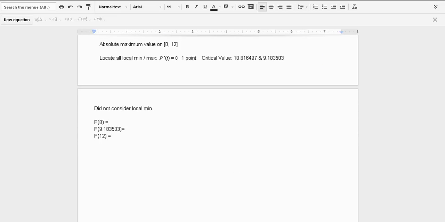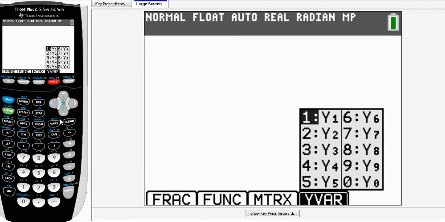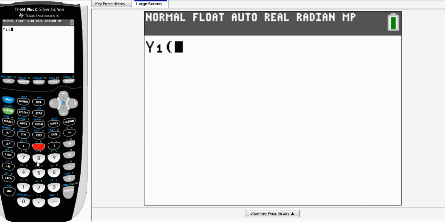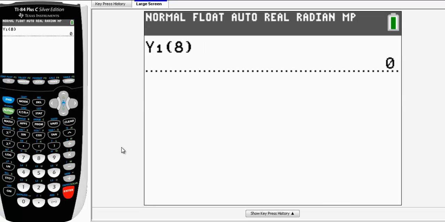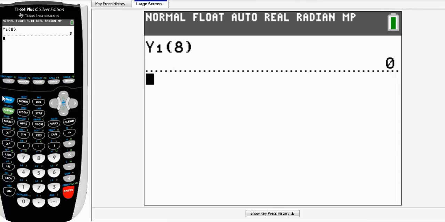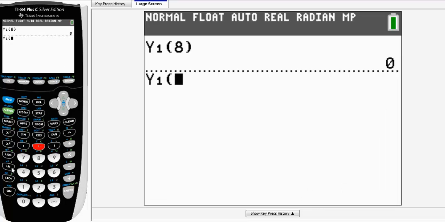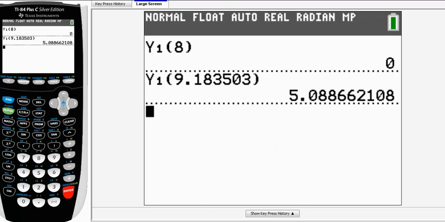Remember that we defined p of t as a function y1, so if I go and I simply type in y1 of 8, my calculator is going to give me the value at 8, so that's going to be 0, and that's my answer. And then we're going to do the same thing for the critical number, so we're going to do y1 of 9.183503, which is, okay.